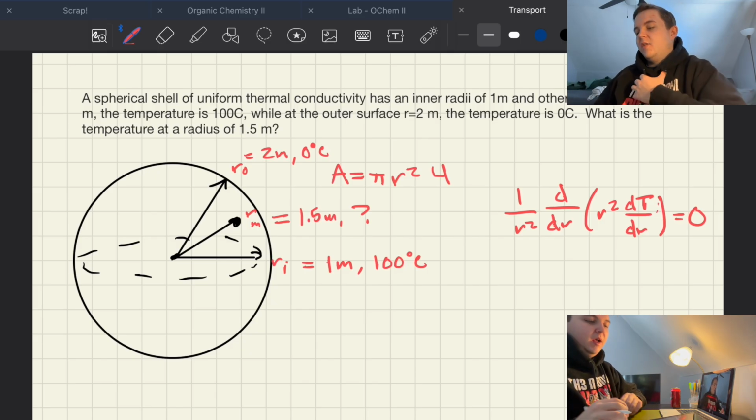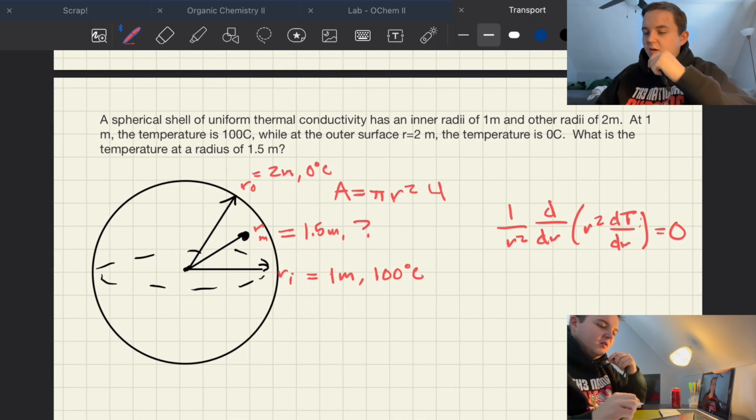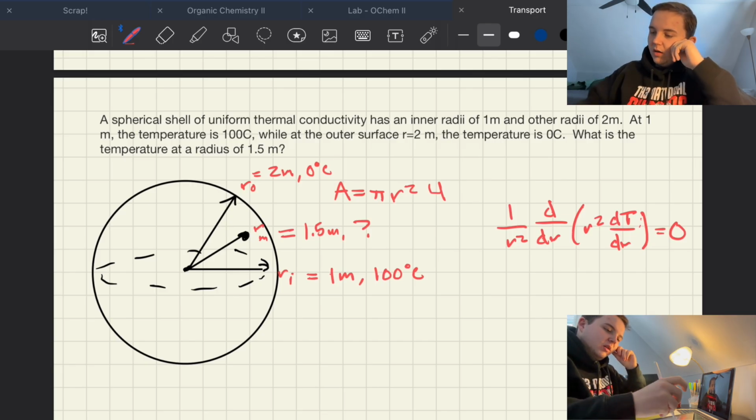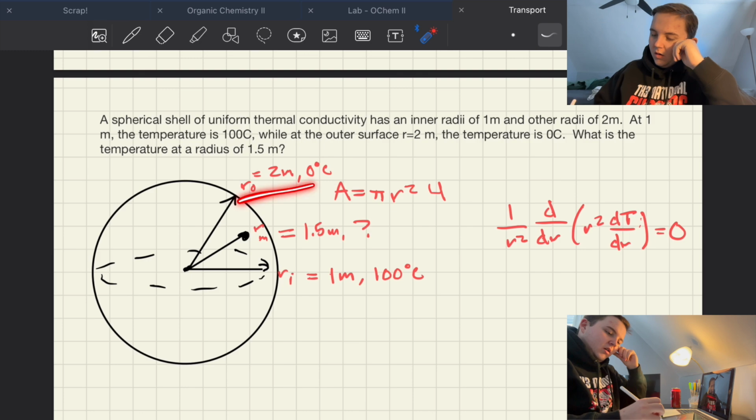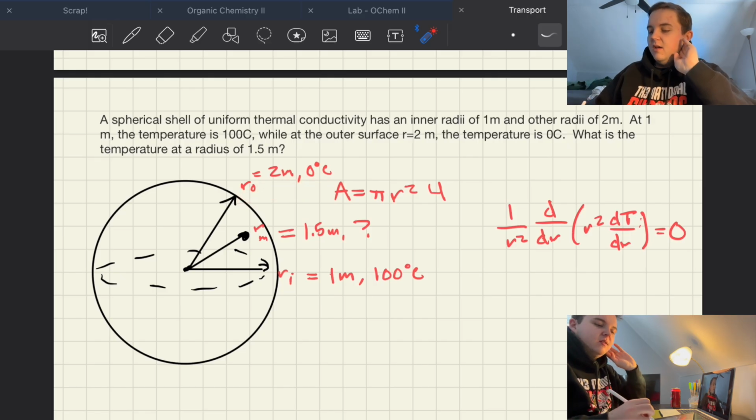Okay, so I have our diagram set up. I have our spherical shell. That is going to be symmetrical, so since everything's symmetrical, the only thing that's going to change temperature is the radius. At the outer surface, we have 2 meters and 0 degrees Celsius.